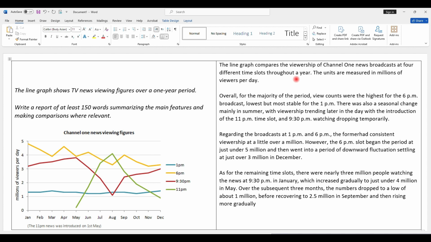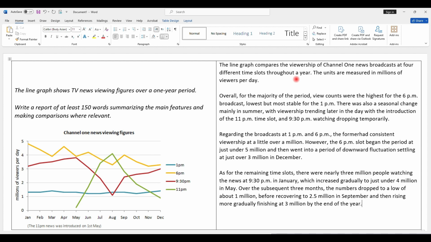More gradually, finishing at, yeah, we can say 3 million. It's exactly 3 million there. At 3 million by the end of the year. All right, by the end of the period, by the end of the year.